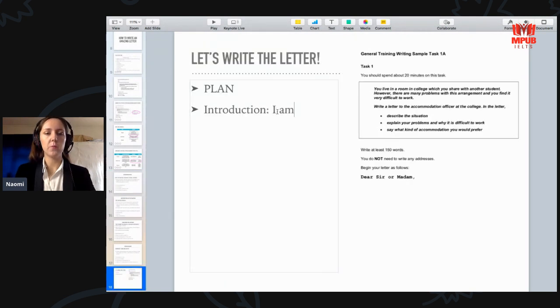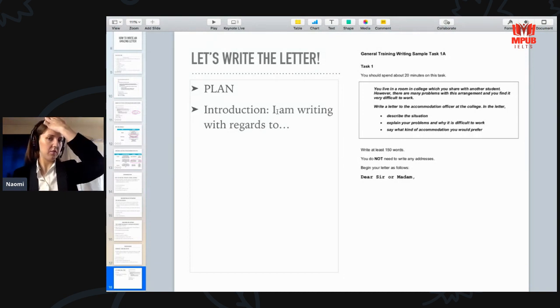So I'm going to already write this phrase because I know that I want to use this phrase. I'm writing with regards to, and then when I'm writing the actual letter, I'll write the full sentence.